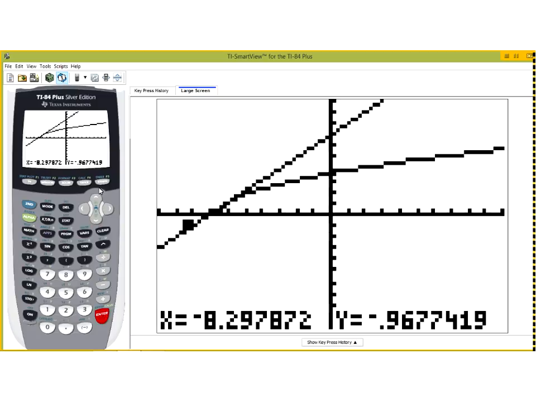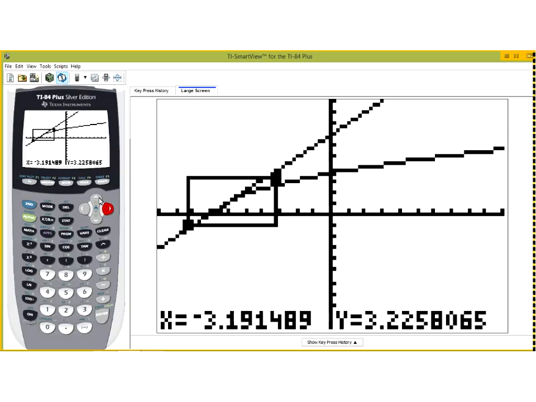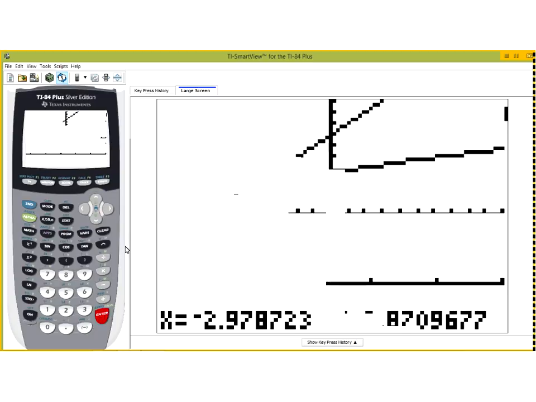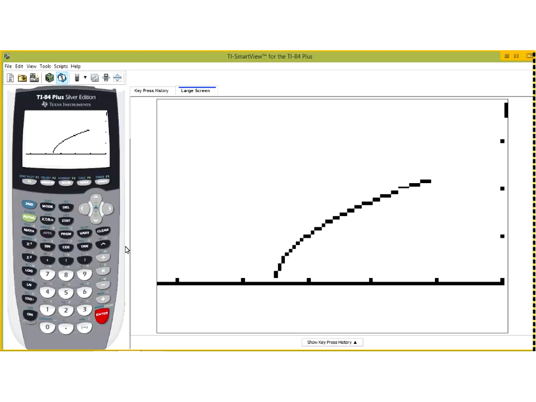And so it wants the two opposite corners. So I'm going to select the lower left corner. I'm going to go up and across. Okay, so that's the part that I'm really interested in. I zoom in.